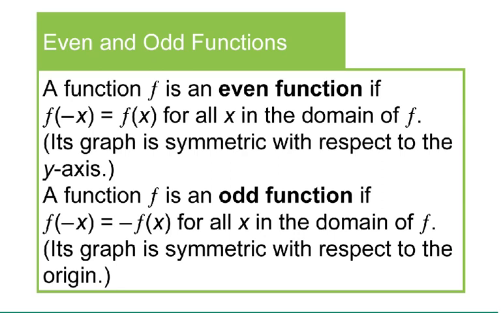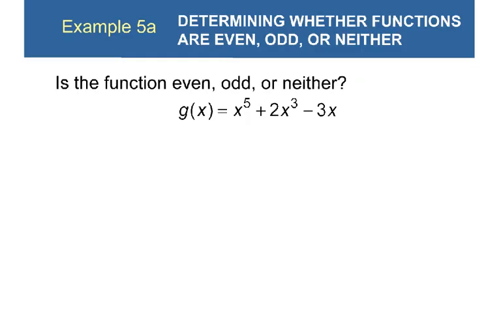We do it by replacing our x value with negative x and seeing if our equation is equivalent to our original function, f of x. For odd functions, if we replace our x value with negative x and our equation is equivalent to negative f of x, then it's an odd function. But we can have functions that are neither even nor odd, and we'll discover that here in just a bit.